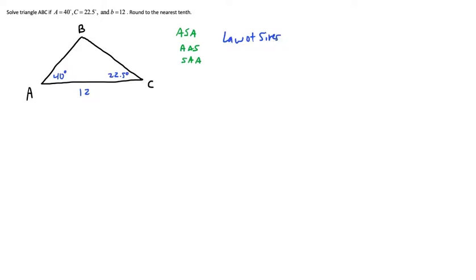So the first thing we should do then is get angle B here. We know the sum of the angles in a triangle is 180. So we'll take the 40 plus 22.5, subtract that from 180, and we get 117.5 degrees. Now we can set up the law of sines. Remember, the law of sines is the sine of A, in this case 40 degrees, divided by its opposite side, which we don't know, is equal to the sine of 117.5 divided by its opposite side, which in this case is 12.